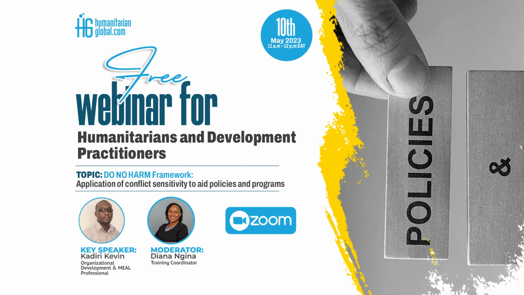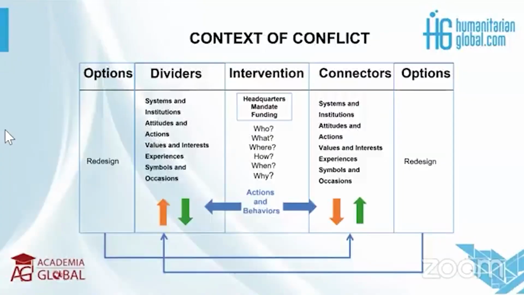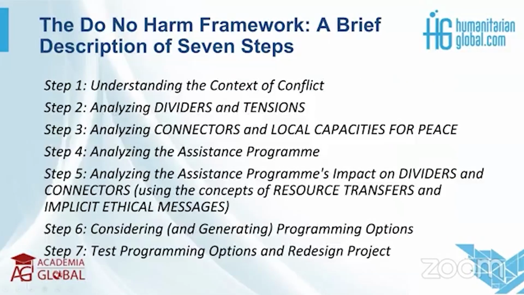Now, like I said, you can use it during planning. As you plan your intervention, follow the 7 steps to find out how they are interacting. Actually, Diana, just very fast, let me mention this. Step number 1 to 3, you can use it to analyze conflict and understand the context.